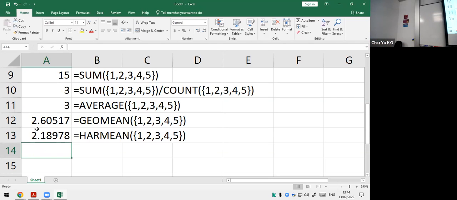But here you can see from Excel, you can quickly do all the calculation, right? So you don't really need to worry about the assignment, because you can use Excel to check whether you did it right or wrong. And this is the first step where we talk about Excel: calculating the mean.